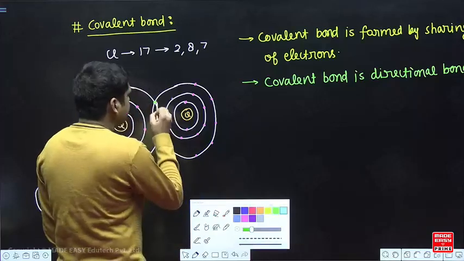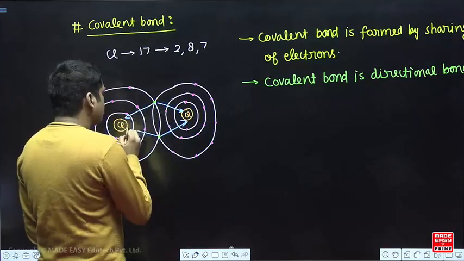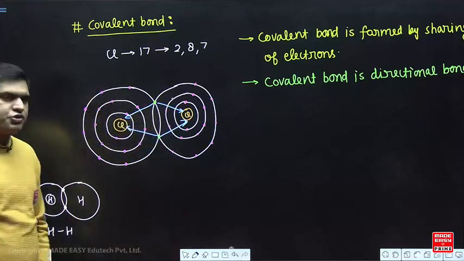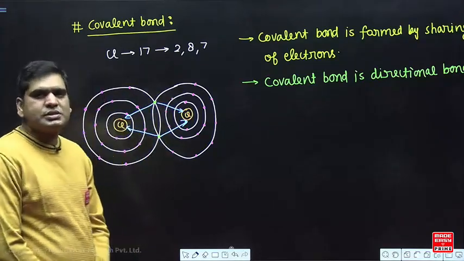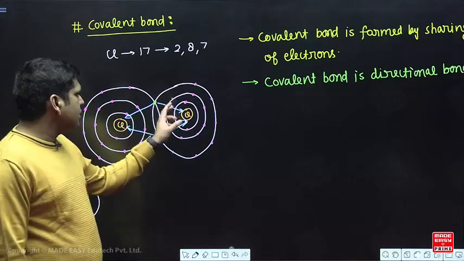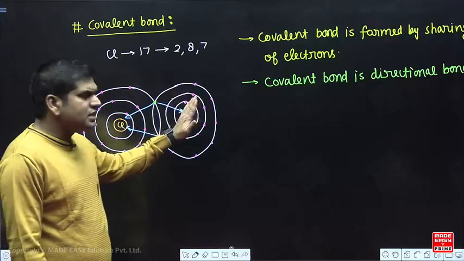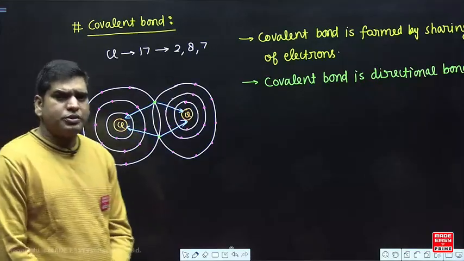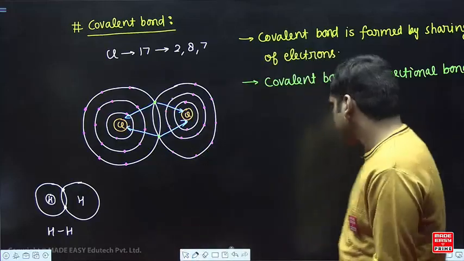These two electrons are attracted by this nucleus as well as this nucleus. Both nuclei are equally strong. So the bonding pair electrons will lie between both nuclei and be shared equally. This electron is inclined neither to this nor to that. It is known as a perfect covalent bond, an ideal covalent bond.